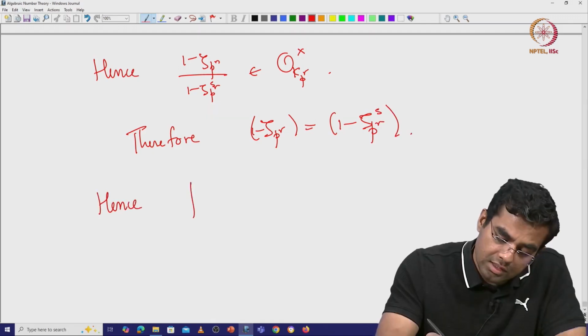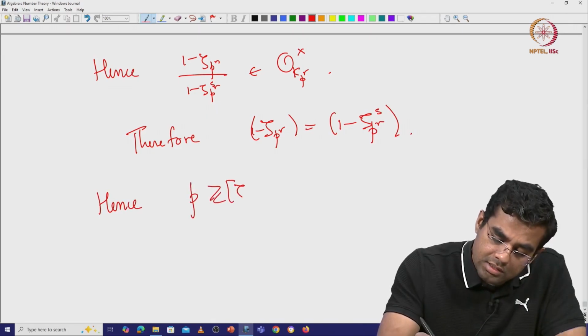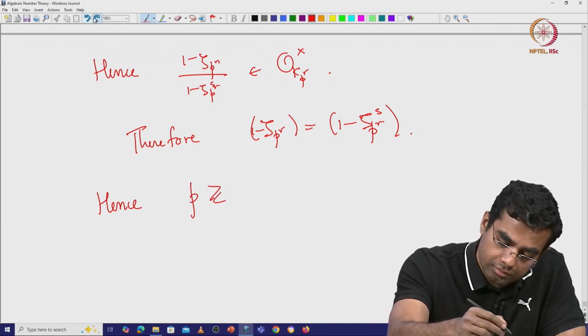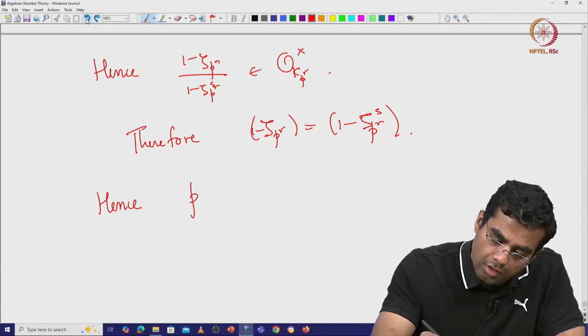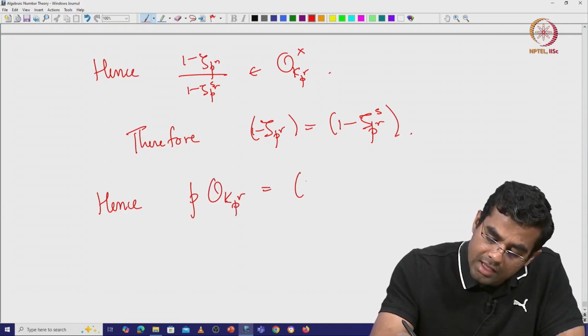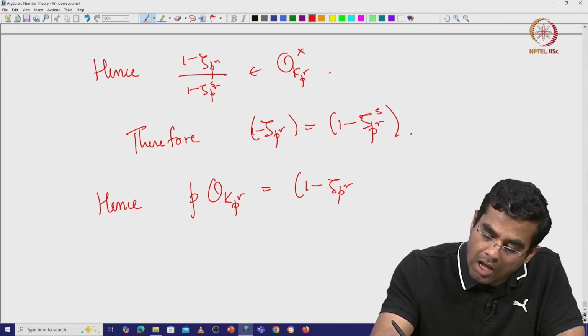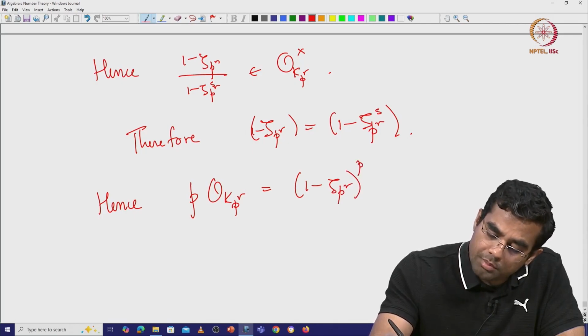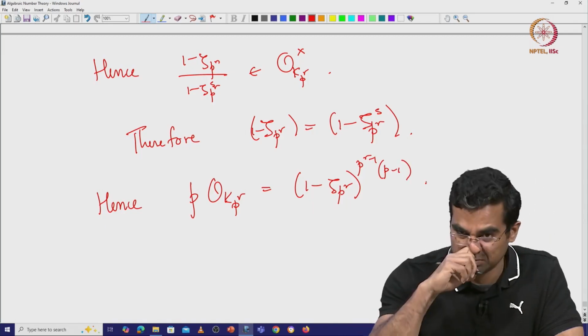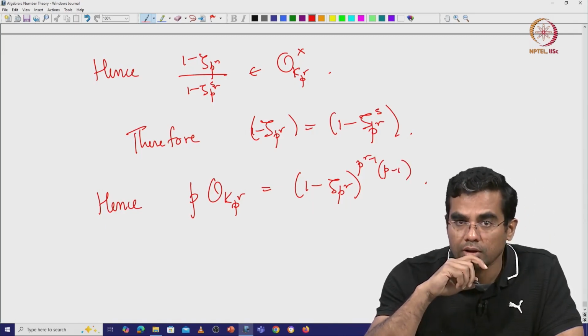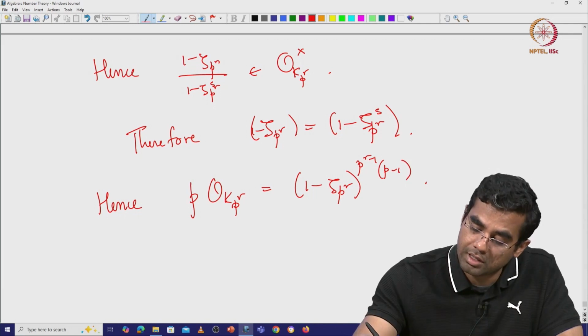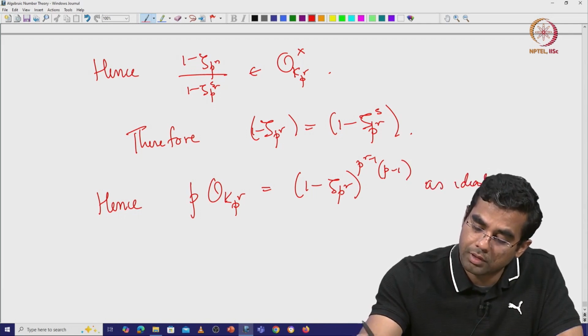So, hence the ideal p O_K(p^r) is the same as (1 minus zeta p to the r) to the power p to the r minus 1 into p minus 1, as ideals.